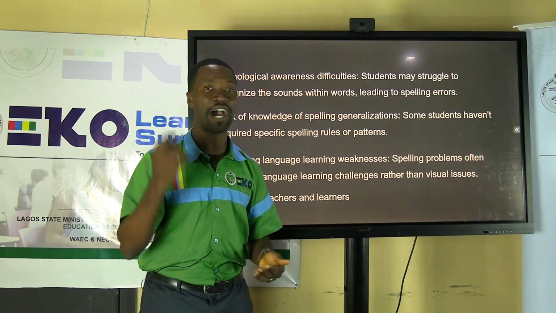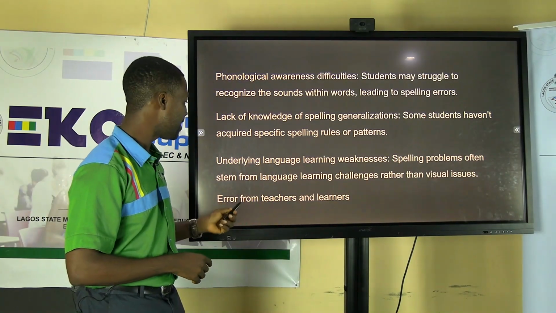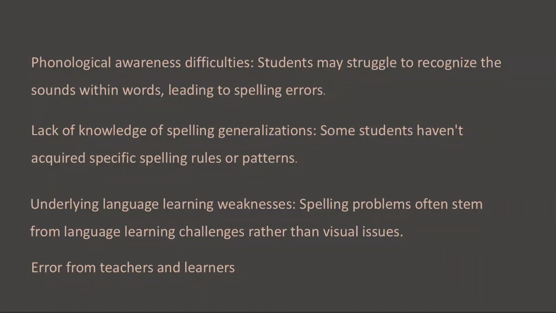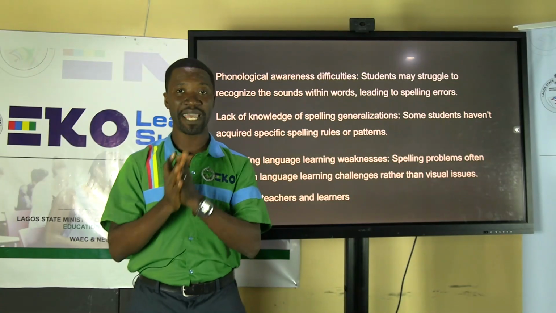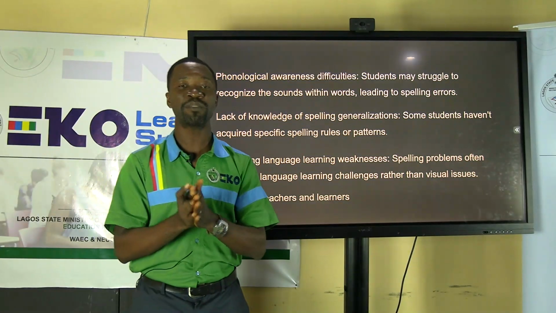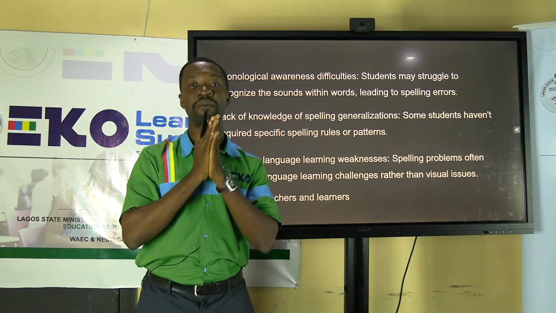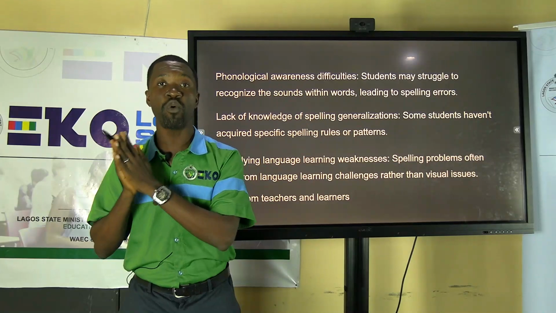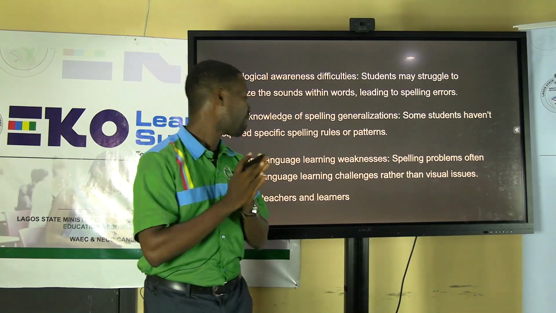We will see that later on in the lesson. Then lastly, there are underlying language learning weaknesses. Spelling problems often stem from language learning challenges rather than visual issues. When students have problems with a particular language, it is most likely that they are going to have problems learning how to spell words in that language correctly.